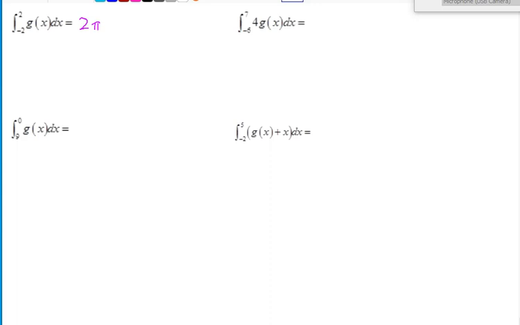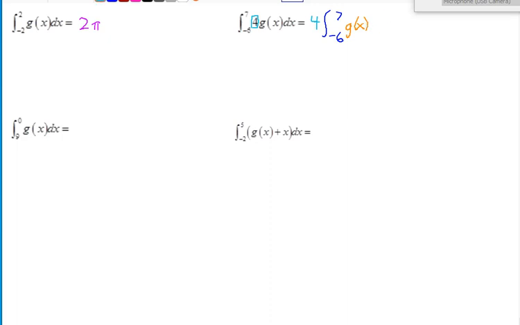Notice on the next one, from -6 to 7, we've got a coefficient of 4 right there. And remember, that can be pulled outside the integral. So this would be the same as 4 times the integral from -6 to 7 of our function g, we're given g of x dx.